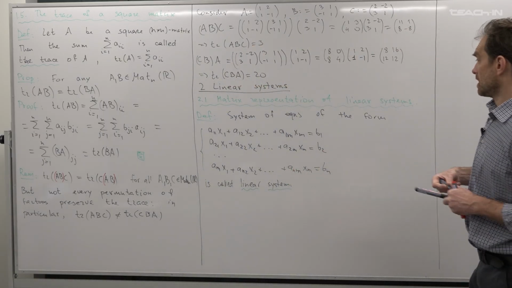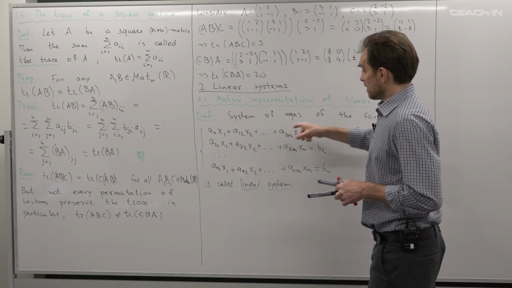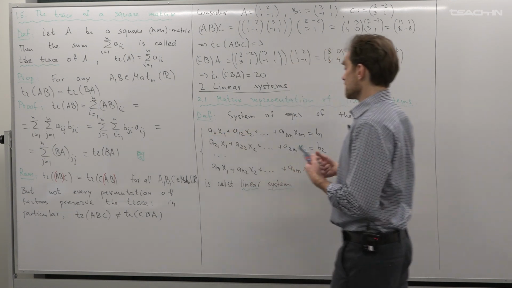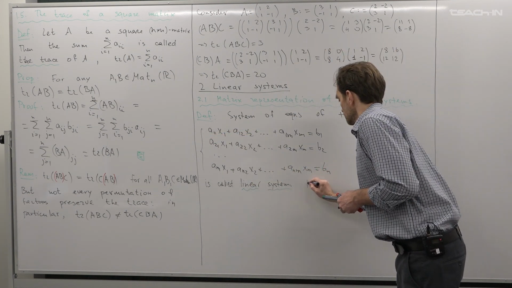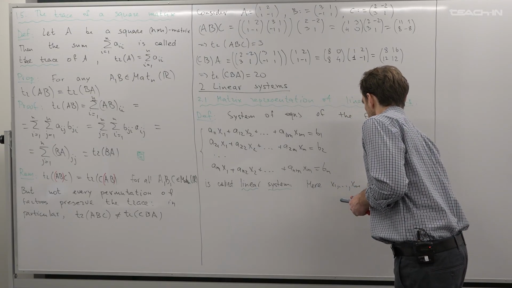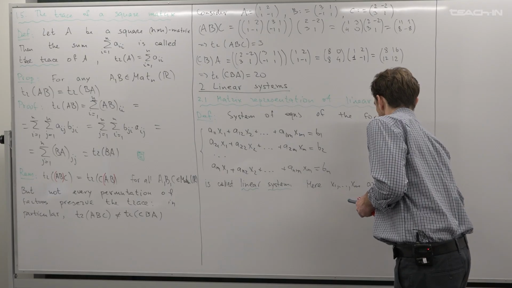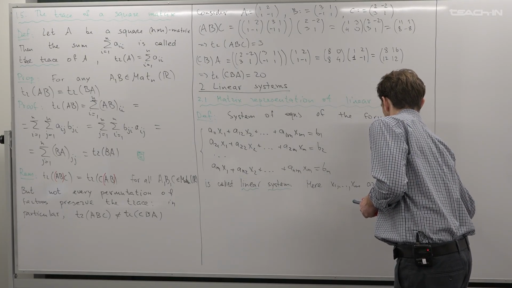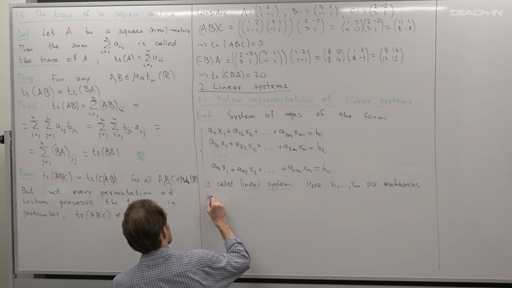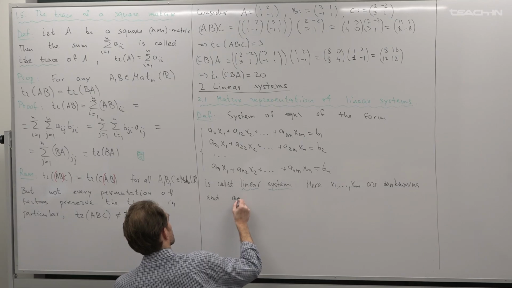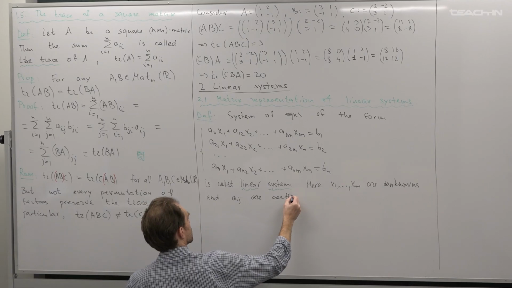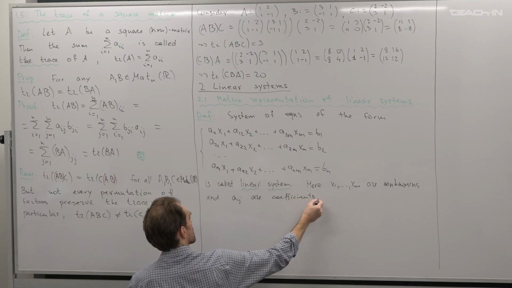So here all x's are unknowns and a sub ij are coefficients.